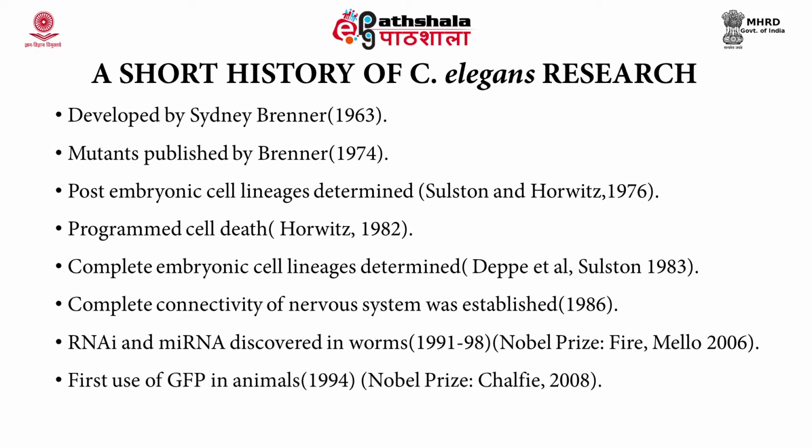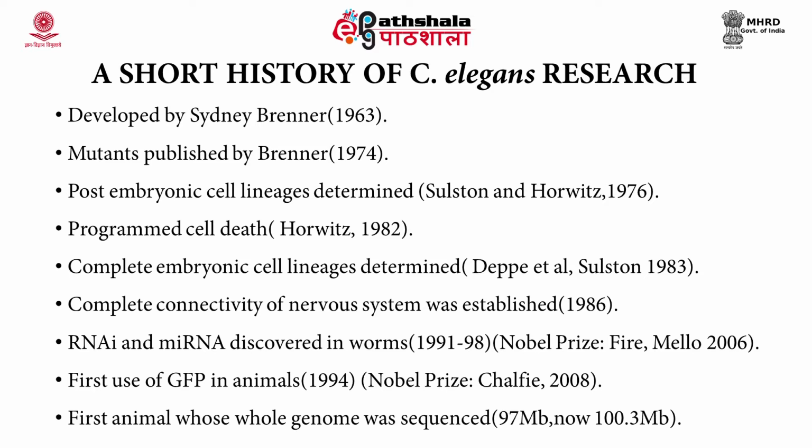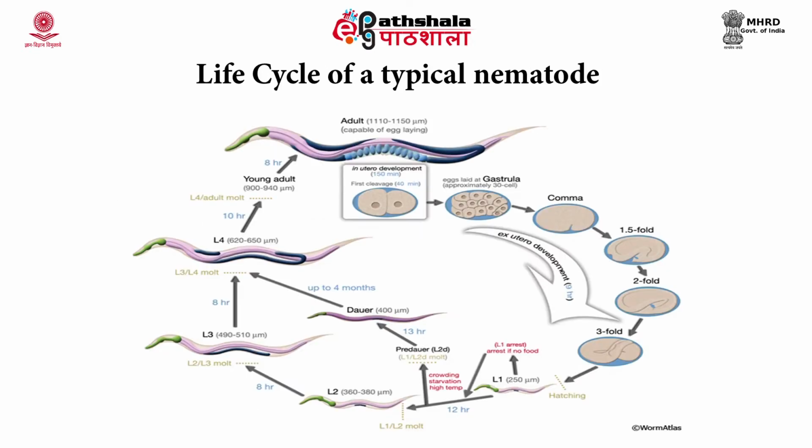First use of GFP or the green fluorescent protein in animals was depicted in the year 1994 by Chalfie, for which he also got a Nobel Prize in the year 2008. The first multicellular animal whose entire genome was sequenced was the C. elegans. Life cycle of a typical nematode is depicted in this flow chart.